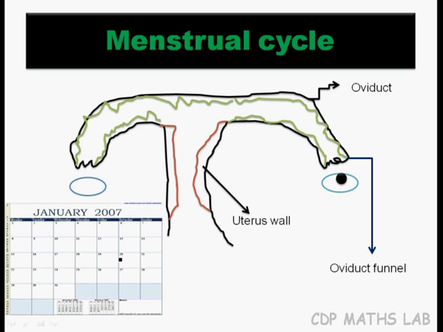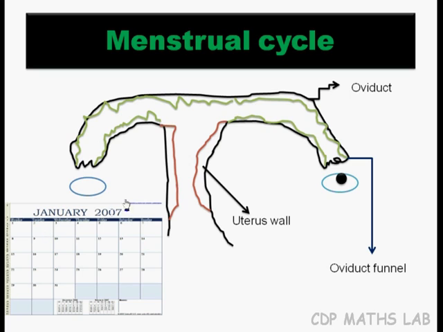Now, you might be wondering, why is it that I have an almanac right here, a calendar? Now, what you need to find out is this, and this is very important for young people to know as well, as it relates to a natural contraceptive method, which is called the rhythmic method. Now, normally, take for example, the menstrual cycle is a 28-day cycle.